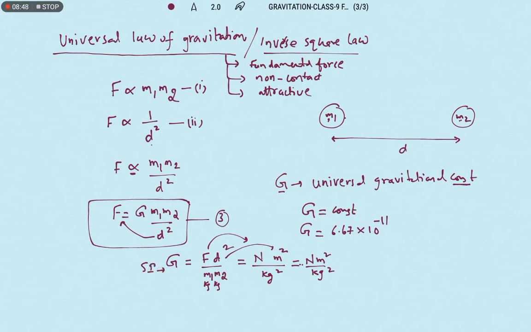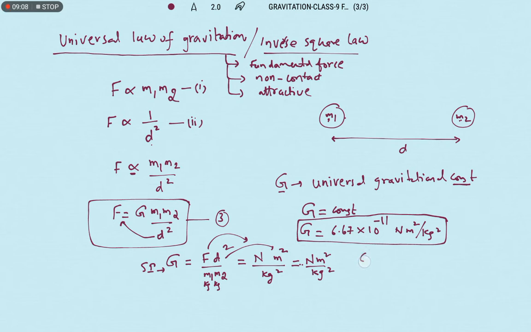So we can write here, the G value is 6.67 into 10 to the power of minus 11 Newton meter square by kg square. It is very important in doing the problems. Now you need to remember the value and the unit of this. So this is the SI unit.